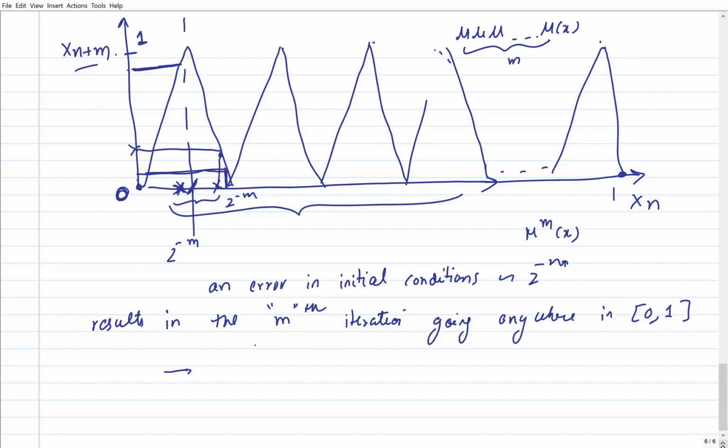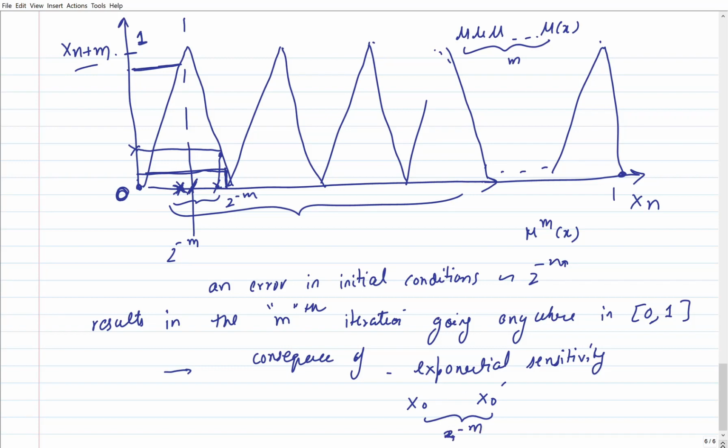And this is actually the consequence of what we're talking about, exponential sensitivity. Two points very close to each other, separated by some error of 2 to the power of minus m, after m iterates can be anywhere on the map.